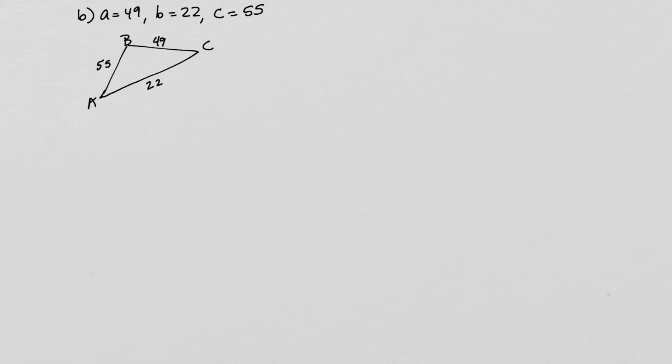So if we try to find angle A first, we're going to use a squared is equal to b squared plus c squared minus 2bc. I wrote it down wrong here.